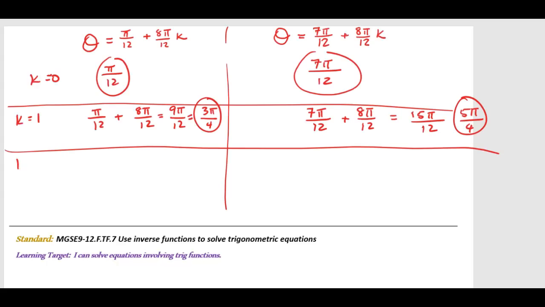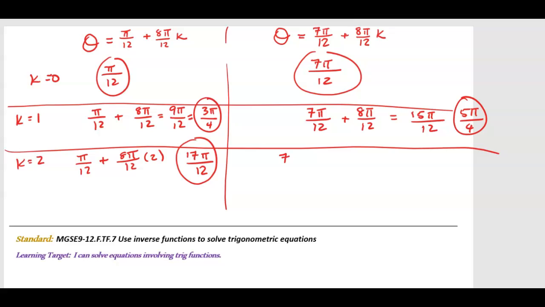So now, when k is 2, I get pi over 12 plus 8 pi over 12 times 2. It's going to give me 16 pi over 12 plus 1 pi over 12, 17 pi over 12. Okay, same thing over here.